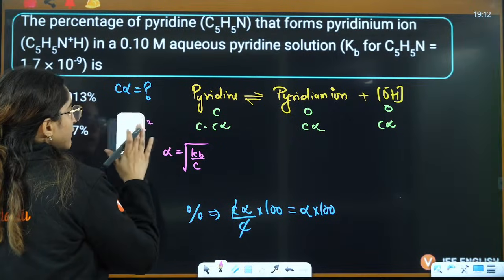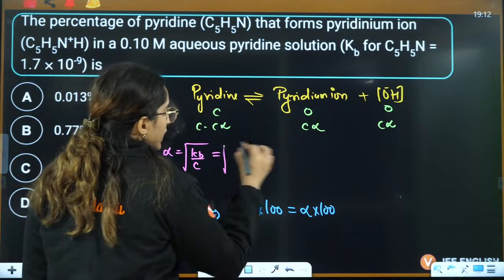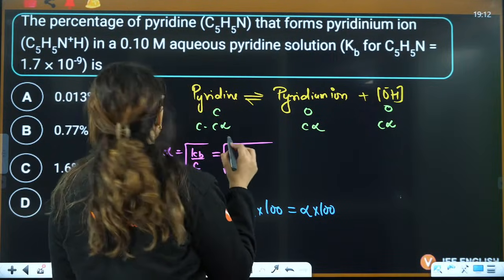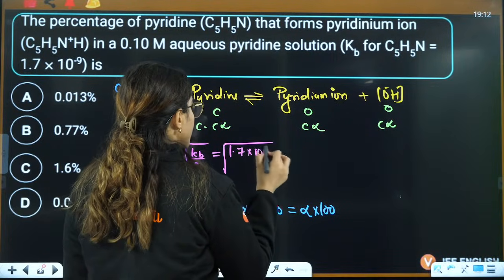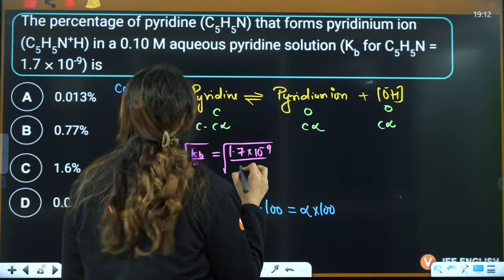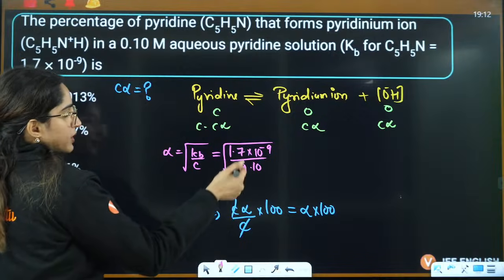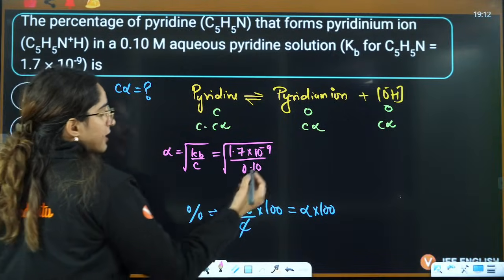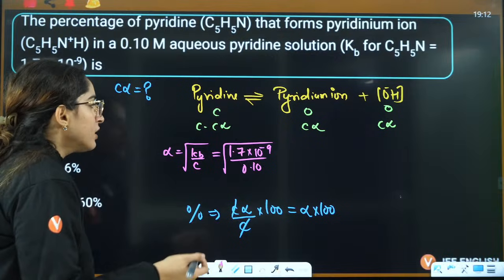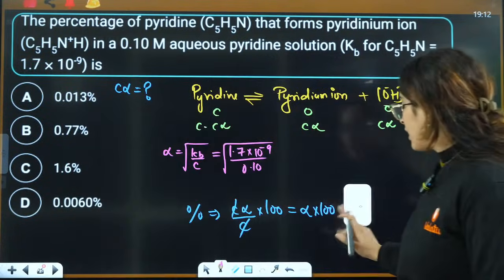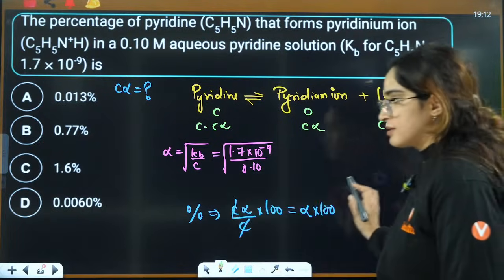So that will become Kb by C. Kb is 1.7 into 10 raised to power minus 9 by C, which is 0.10. You will cancel this, it will become 10 there, and you will calculate the value of alpha. Then multiply this alpha with 100, and you will get your answer. Okay?